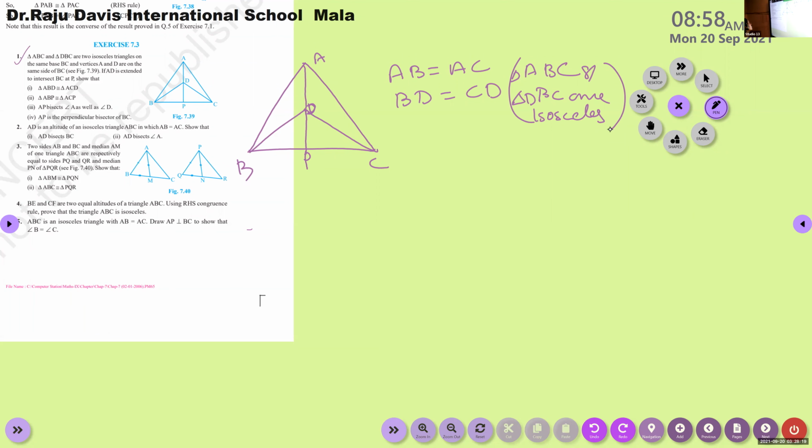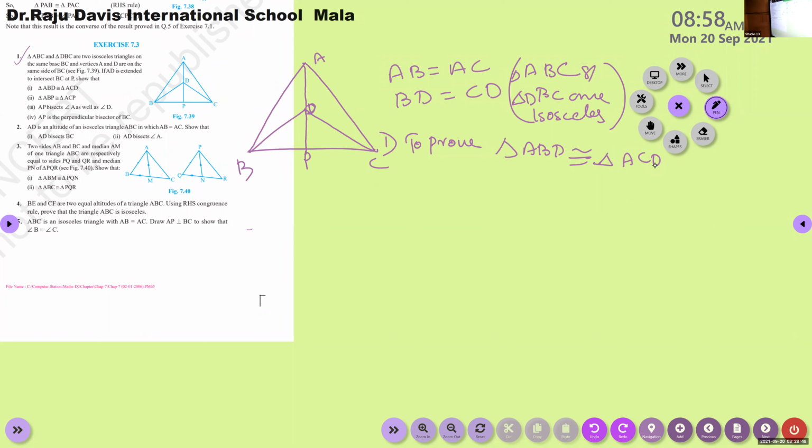So AB equal to AC. Now the first question: we need to prove triangle ABD is congruent to triangle ACD.